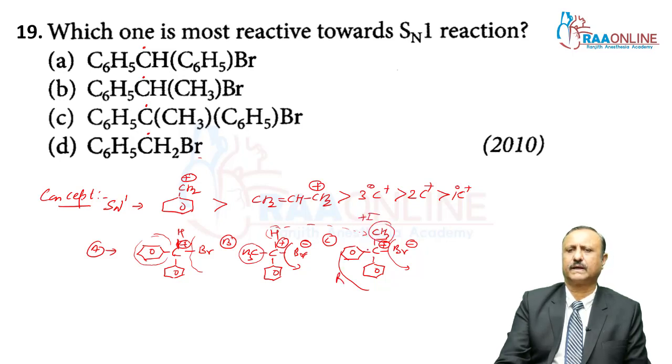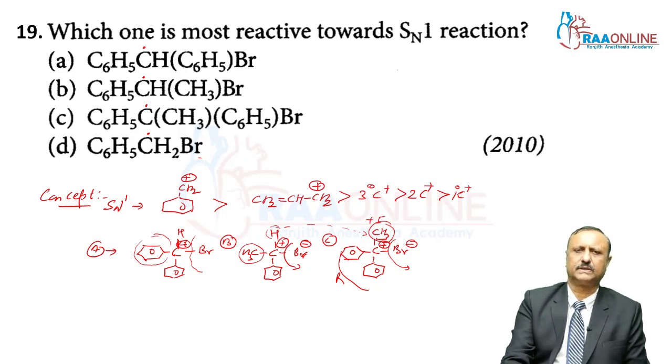It shows plus I effect, and hyperconjugation is also present. So when you go to this question, C is the correct answer, this carbocation is more stable.